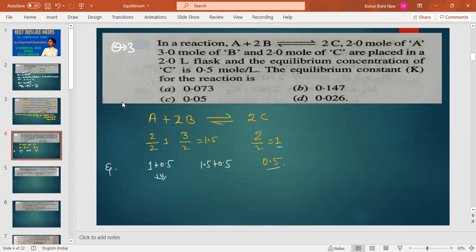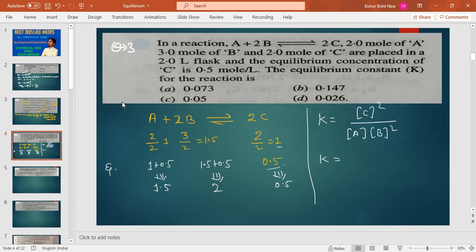So you will get at equilibrium this is 1.5, and the concentration of B is 2, and concentration of C is 0.5. Now you note that Kc, you are finding the K, so C square upon A concentration into B concentration का square. So K equal to C value 0.5 square upon A concentration is now 1.5, and B concentration is 2, 2 square.